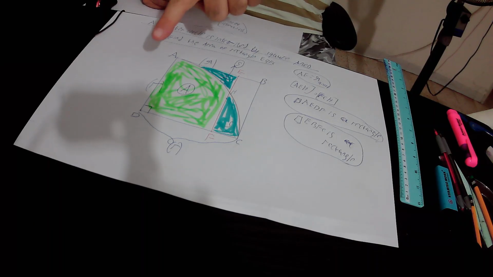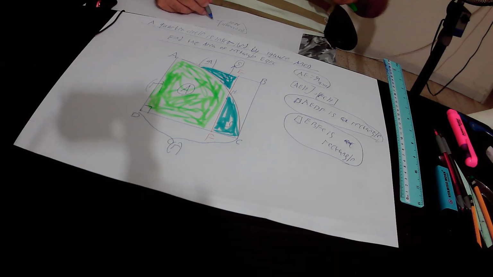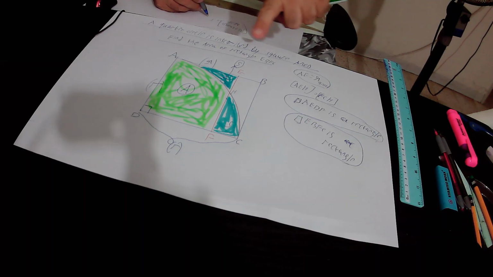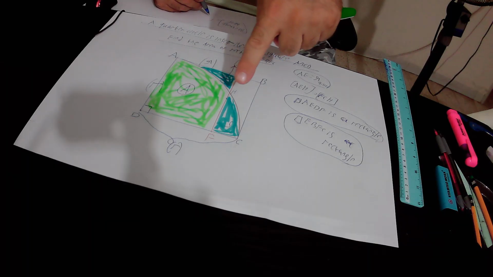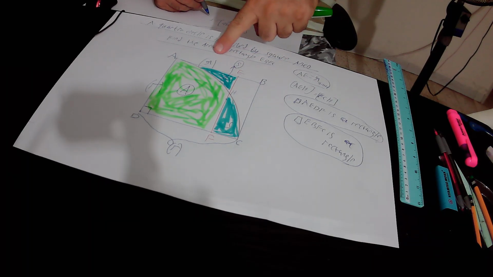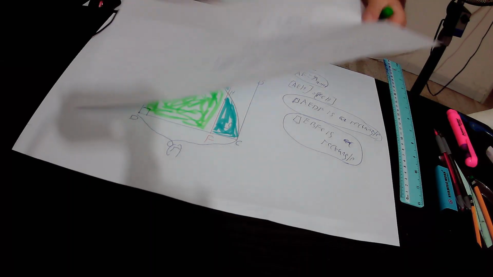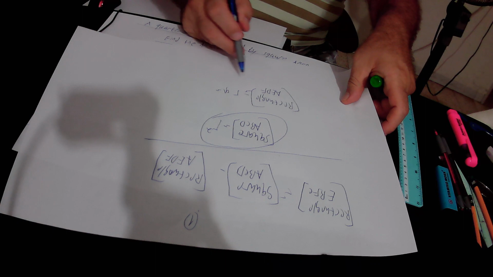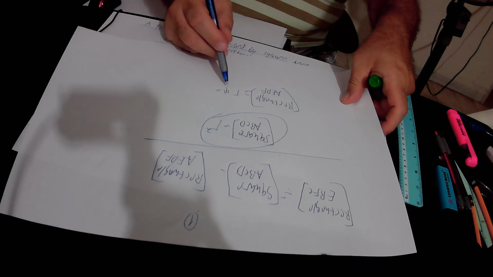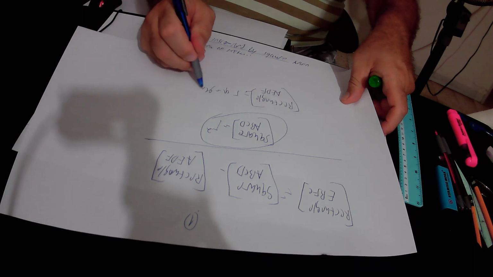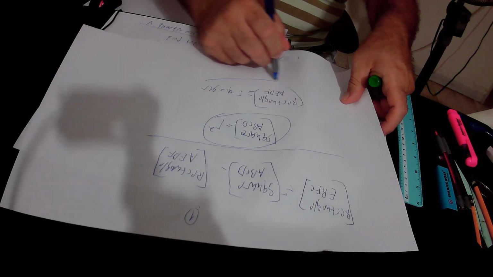The length of rectangle ABCD is R, and the width, according to what is given in the question, the width of this rectangle AEFD is equal to pi units in its length. So in total we have found out that the area of rectangle AEDF is equal to R times pi, or pi R square units.